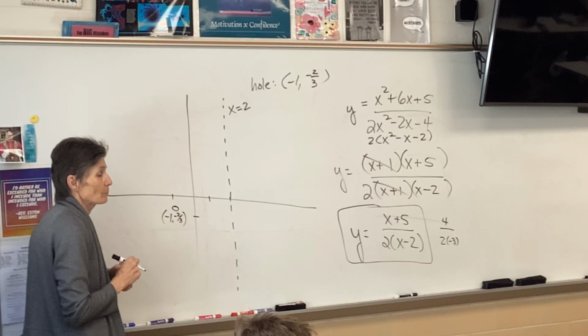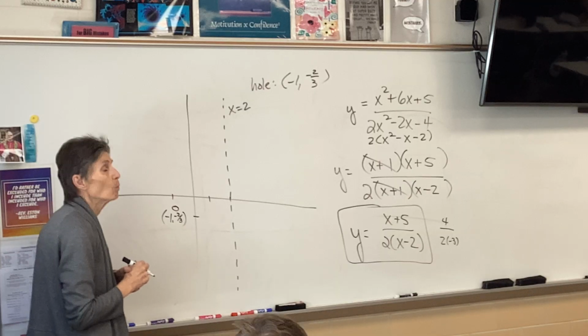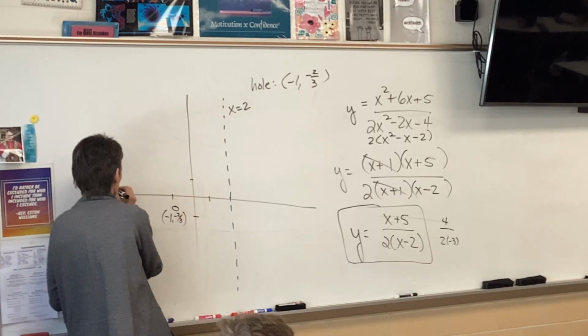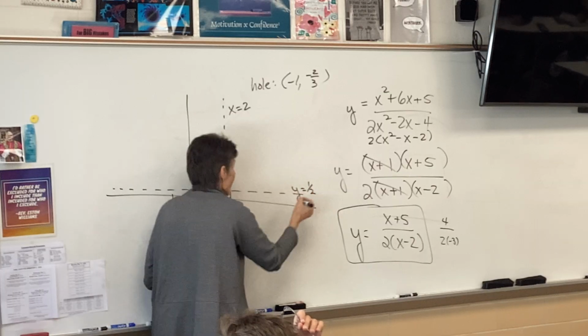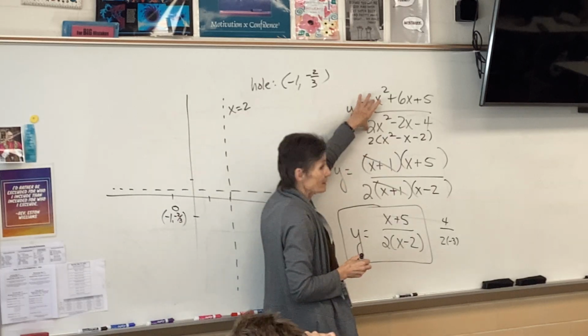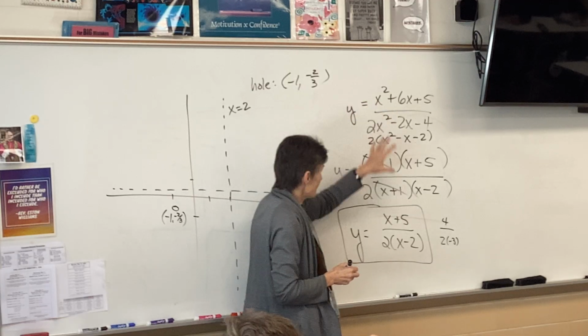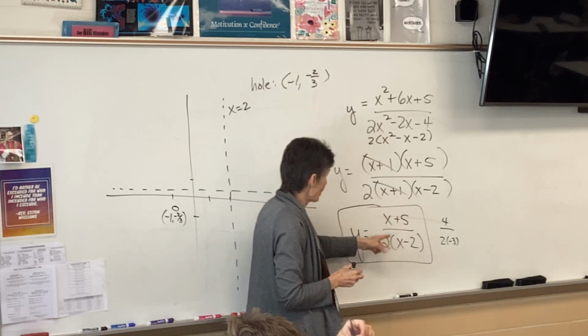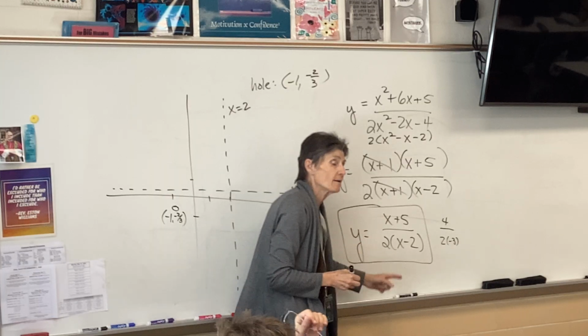Where's the horizontal? 1/2. Yep, the horizontal is at 1/2. Why is it at 1/2? Well, if you go back to the beginning, it's x squared over 2x squared. If you look at your reduced fraction, it's 1x over 2x, 1/2.